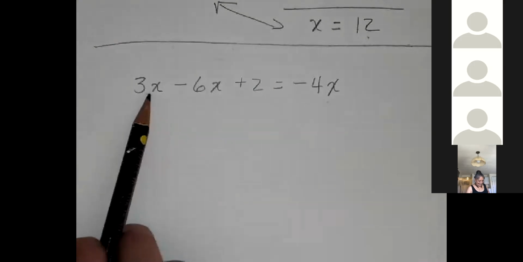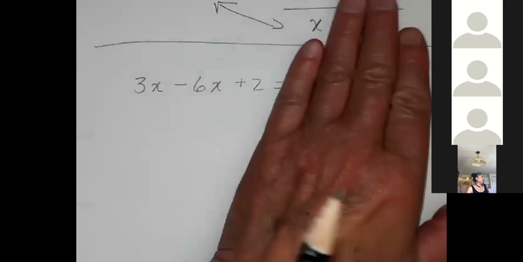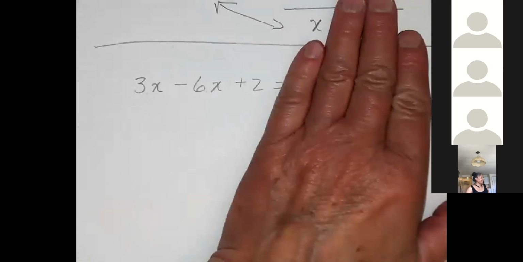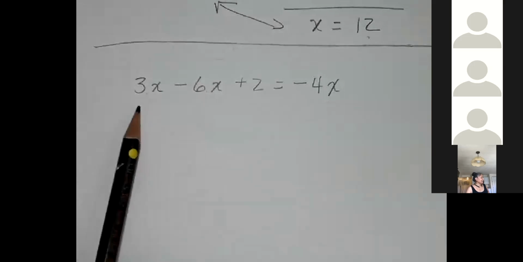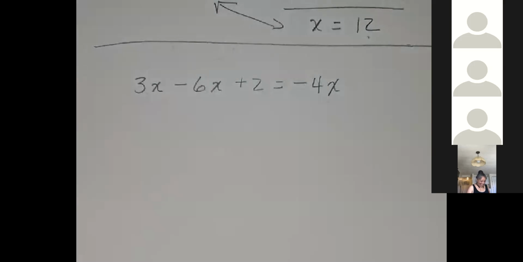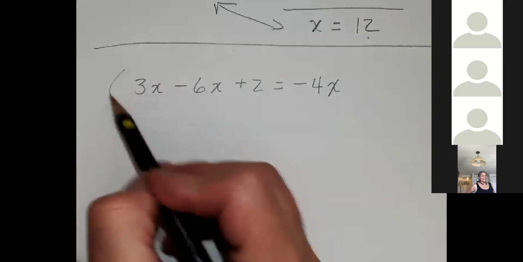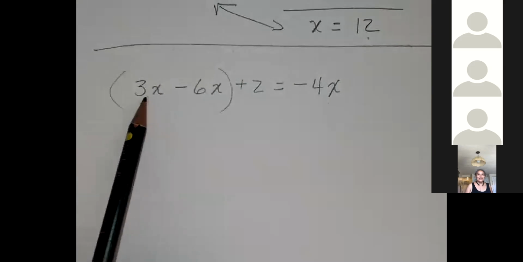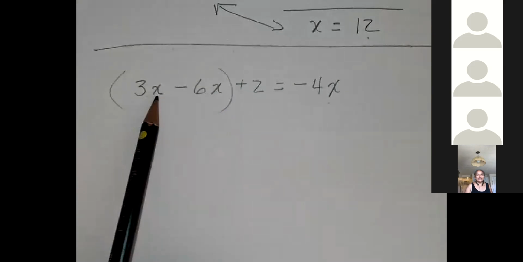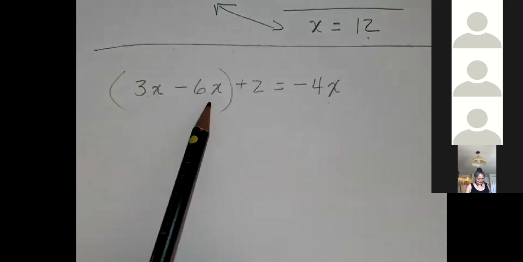So if you have the variable appearing in more than one term on the same side of the equation, you want to combine like terms first. And like terms are going to be terms that are multiplied by the same variable to the same power.